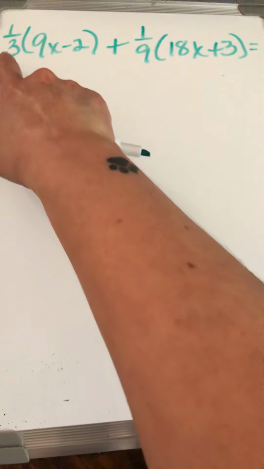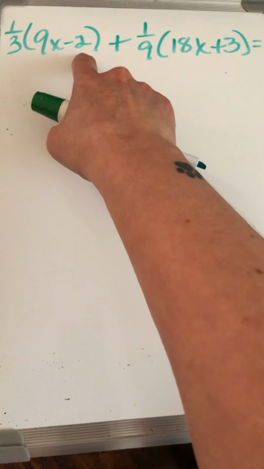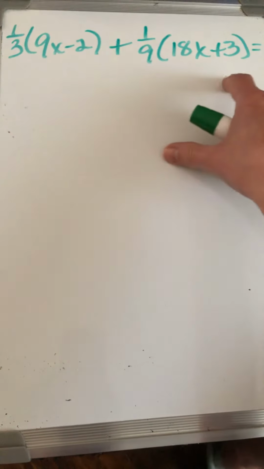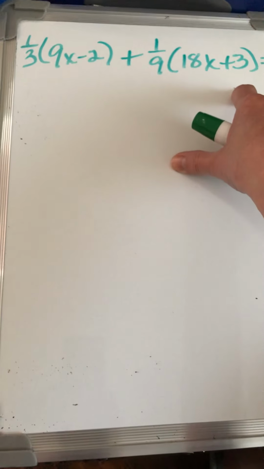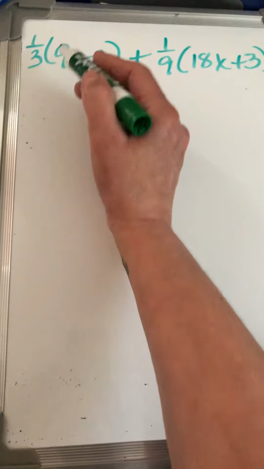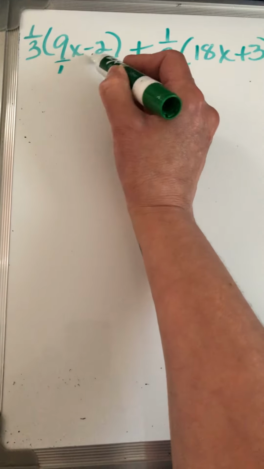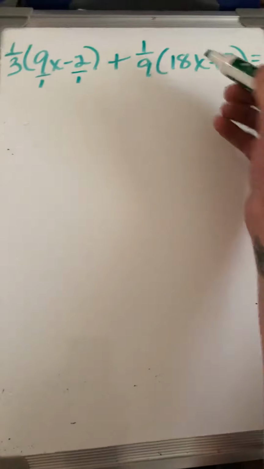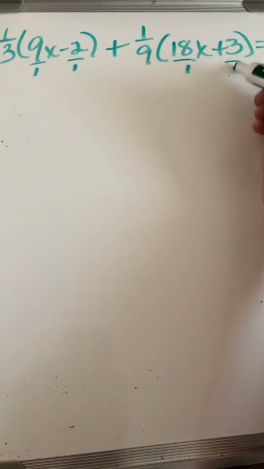You're basically distributing 1/3 across this set of parentheses and 1/9 across this set of parentheses. We're going to do that just by multiplying. Now we've got a fraction here, so let's just create some denominators that are not going to change the value of what we have here.